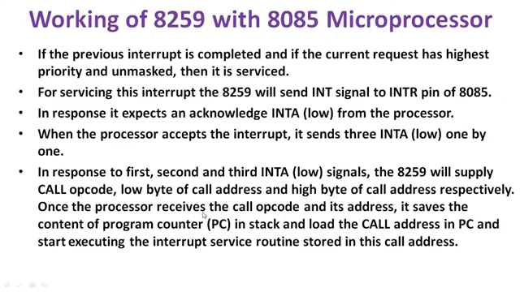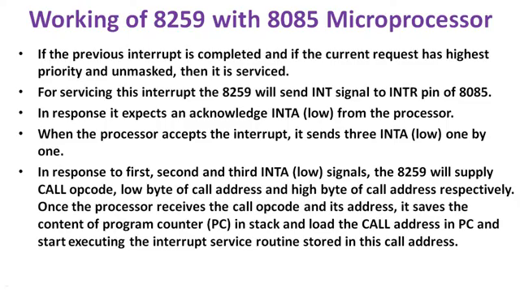Once the processor receives the call opcode and its address, it saves the content of the program counter, that is PC, onto the stack and loads the call address in PC and starts executing the interrupt service routine stored in this call address. So this low byte and high byte is related to the interrupt activated.